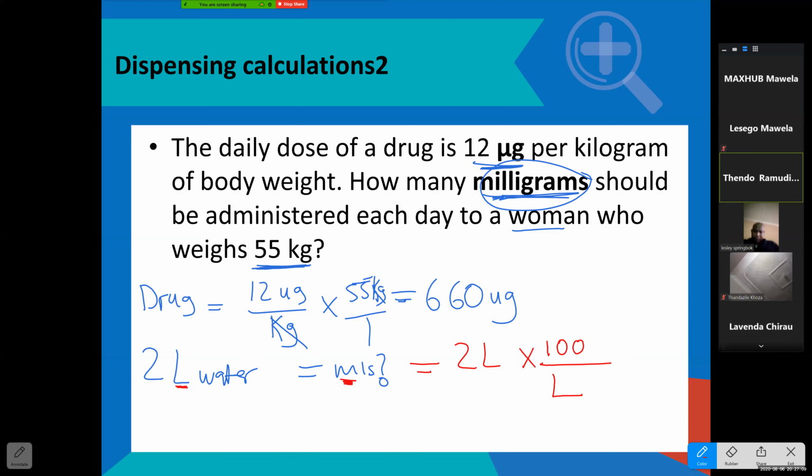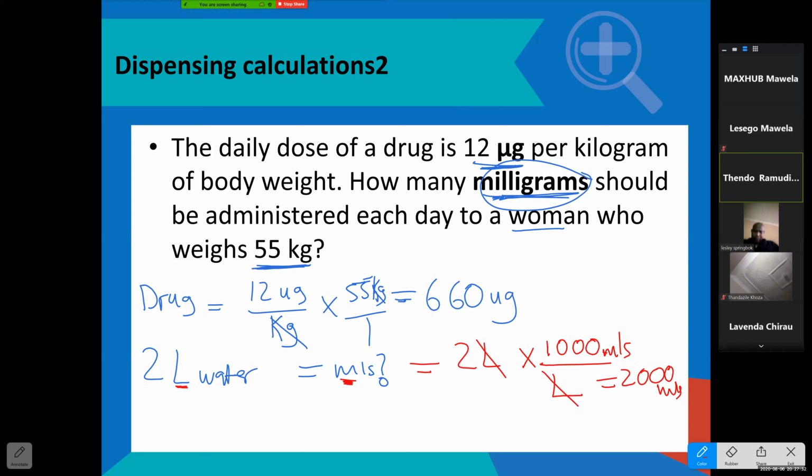Yes, 1,000 mils is 1 liter. So this liter will cancel the liter. What is 2 times 1,000? It's 2,000. 2,000 mils. You see?